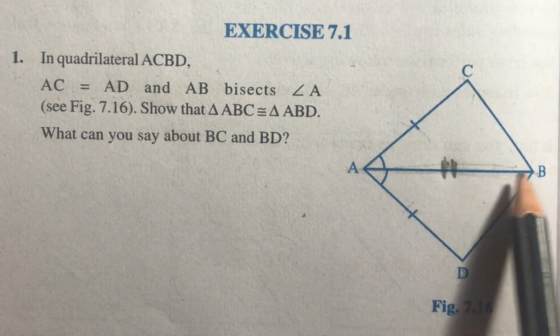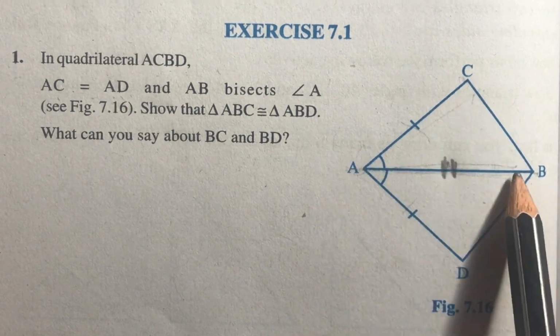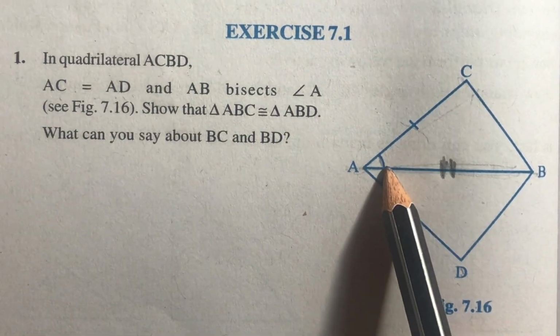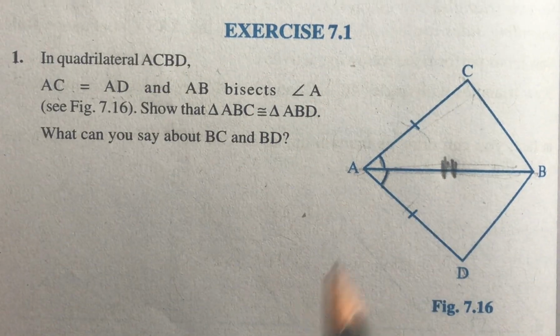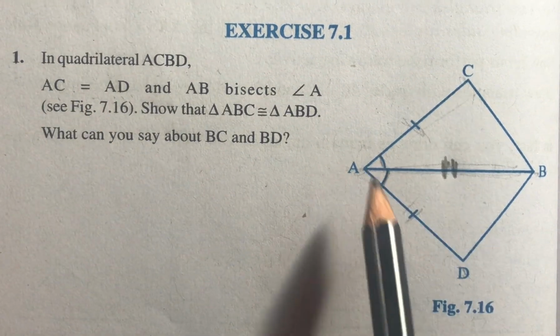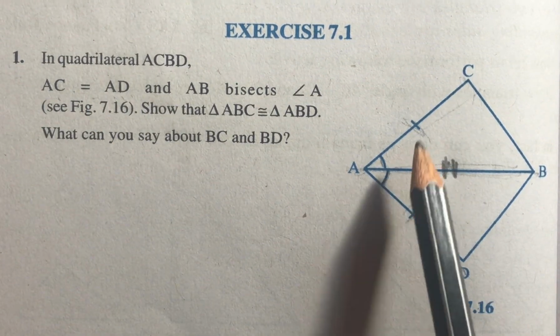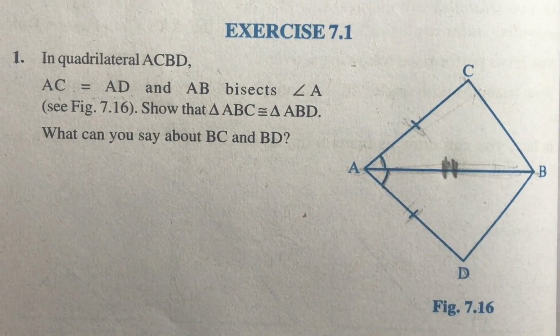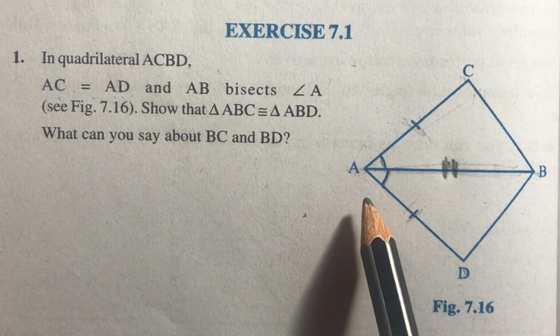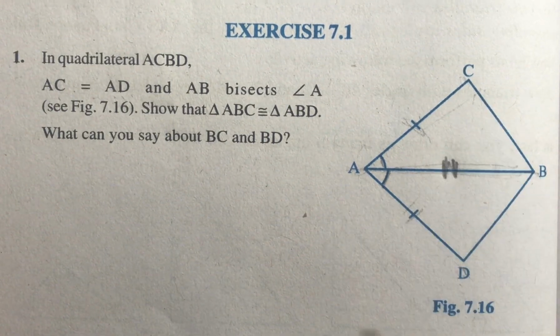Why? Because angle A is bisected by AB. So this angle and this angle will be equal. Also this side is equal, that is AC is equal to AD. So by SAS congruence rule, triangle ABC is congruent to triangle ABD.